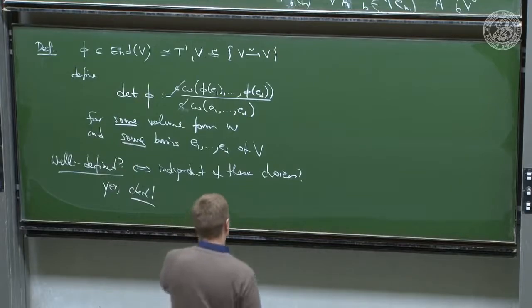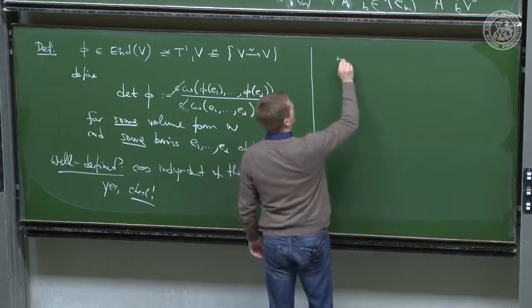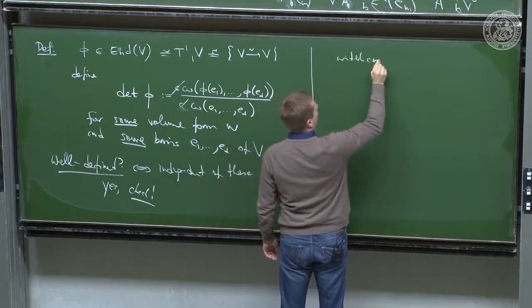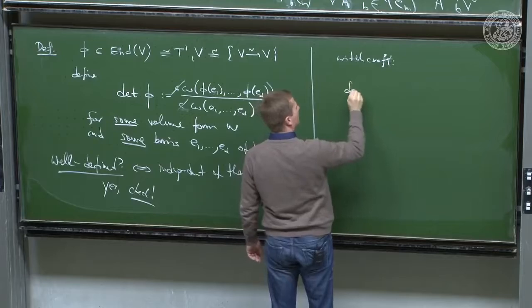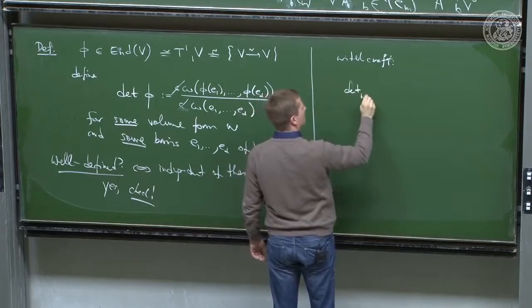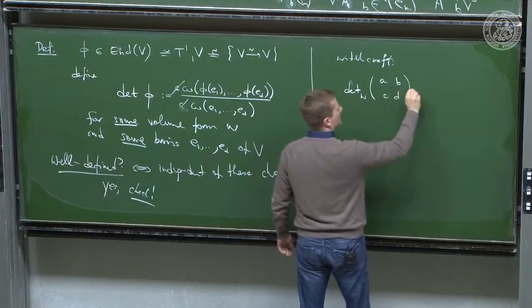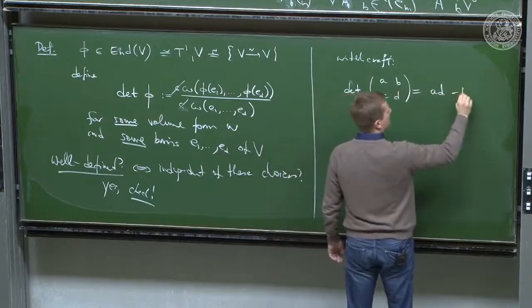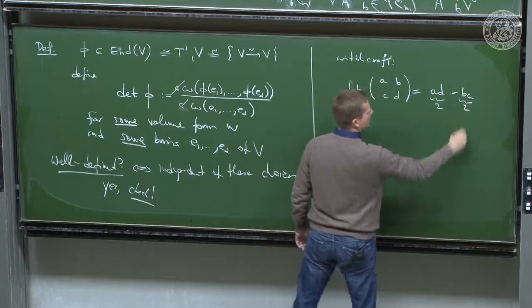So the usual rule is you have the determinant of the representing matrix A, B, C, D, say, and that's AD minus BC. So it's a 2 by 2 matrix, and so you have factors of 2.